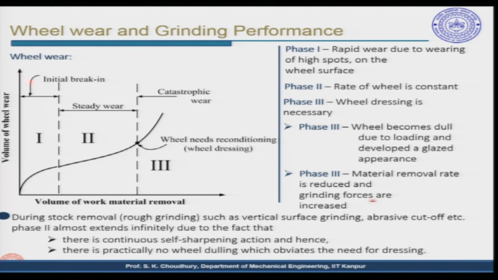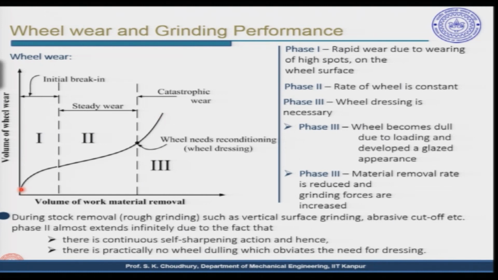If you plot the volume of wheel wear along the y axis, and the volume of work material removal along the x axis, you will find a curve of the wheel wear which will be more or less similar to the one that we have seen in case of the single point cutting tool.